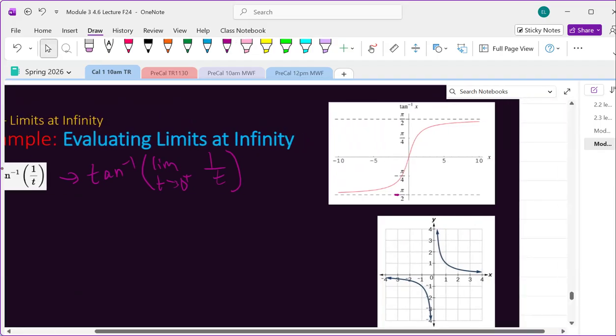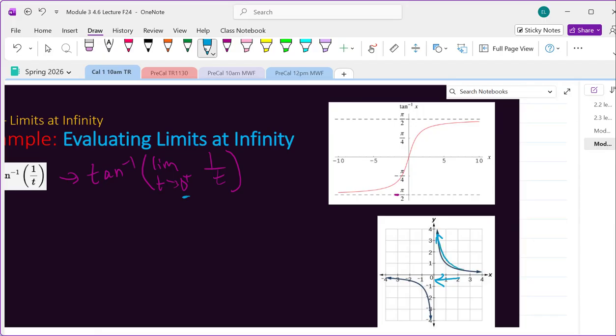So we've got the graph here to help us out. So 0 from the positive side. We're coming into 0 from the right. And then what is 1 over t doing as we come in from the right? The function values of the graph of 1 over t get bigger and bigger and bigger, so it's going to shoot up to positive infinity.